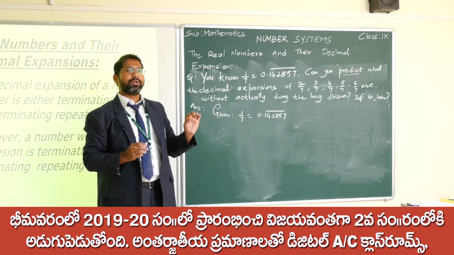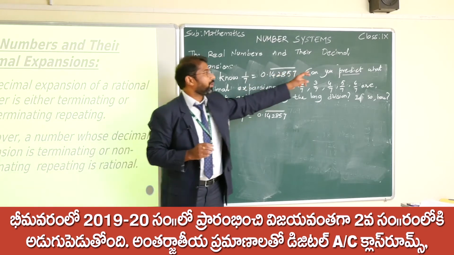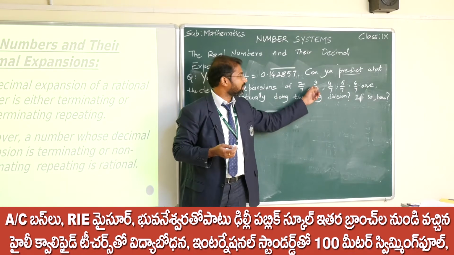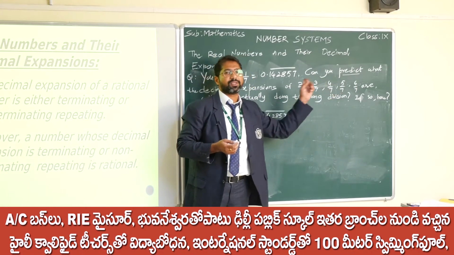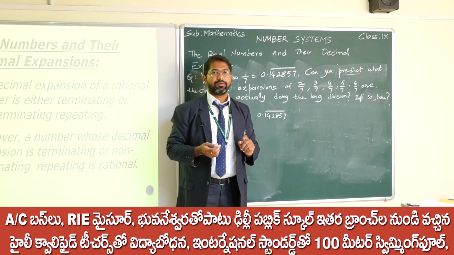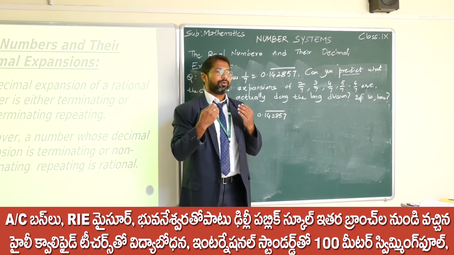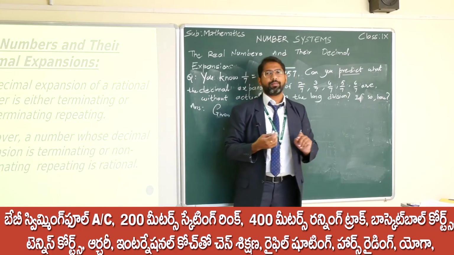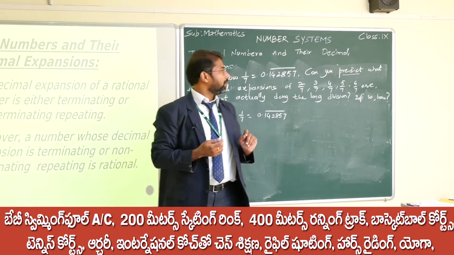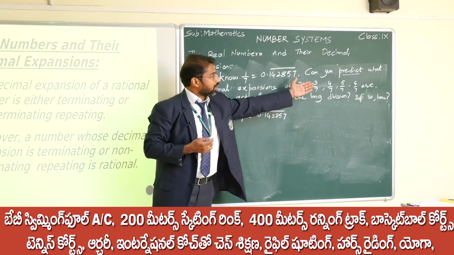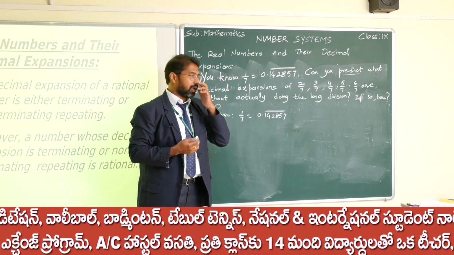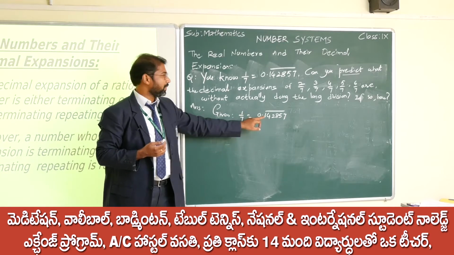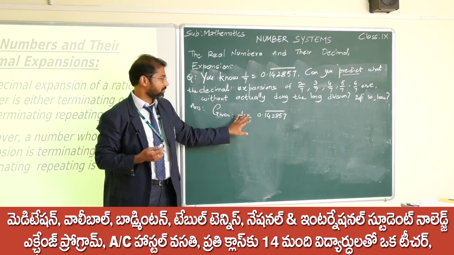Now without doing long division you have to predict what are the decimal expansions of 2 by 7, 3 by 7, 4 by 7, 5 by 7 and 6 by 7. If you express in decimal expansion, we have to say how. To write all these rational numbers in decimal expansions, I will use 1 by 7, whose decimal expansion you can see here.